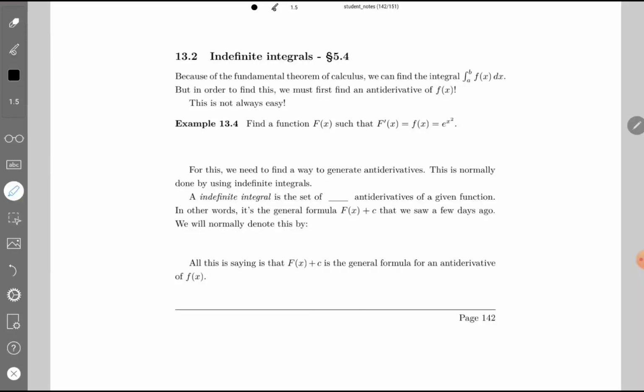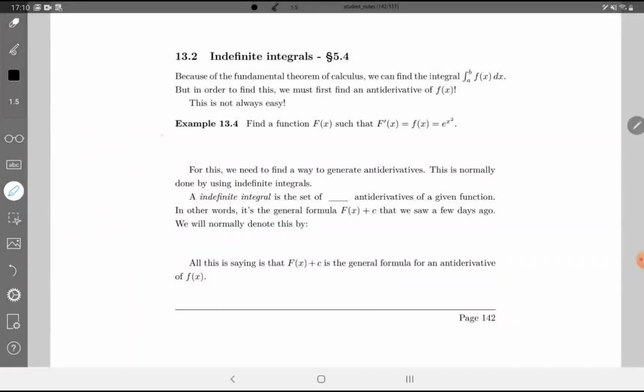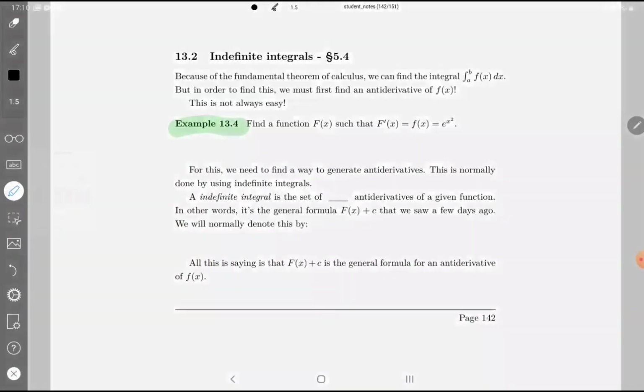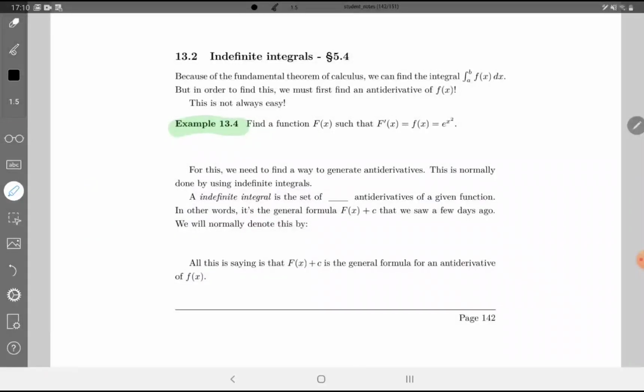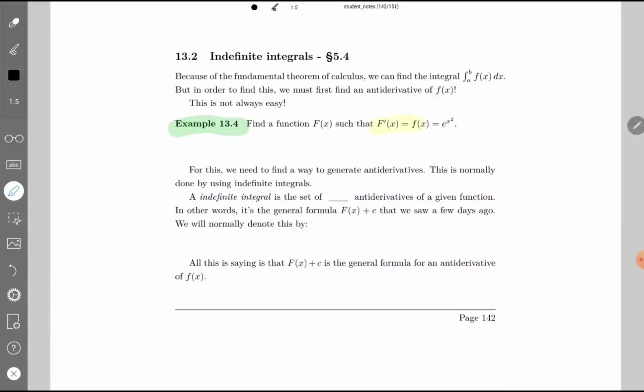So let's look at an example. Let's make this green. In particular, I have a function f such that f prime of x is equal to f of x is equal to e to the x squared.